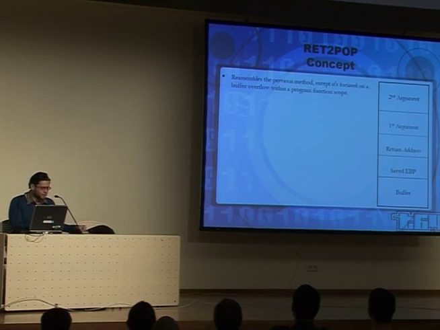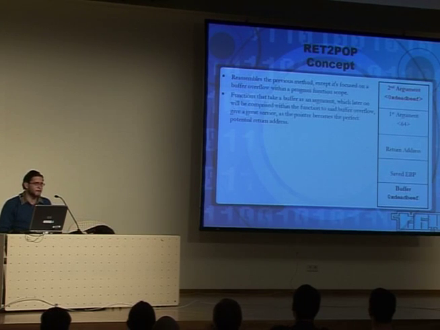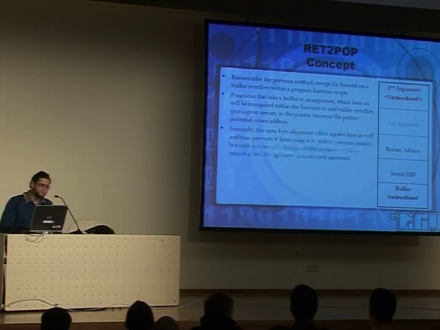So the next approach is red to pop, which is quite similar to red, only meant to attack inside a function. If the function accepts the pointer to a buffer, which is, in this case, a buffer that we can control, we have a perfect return address.